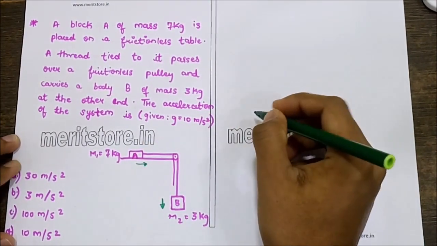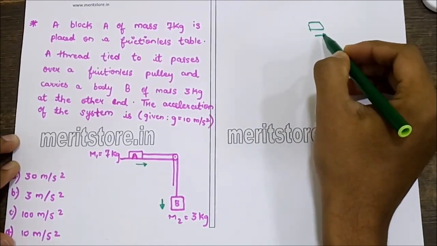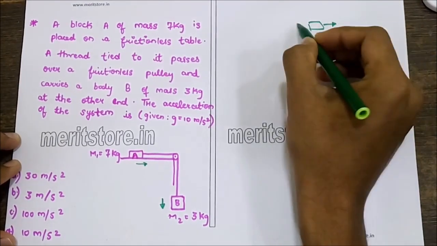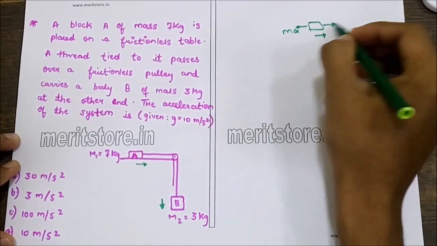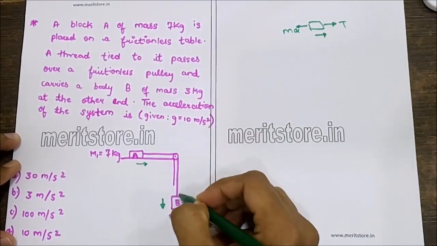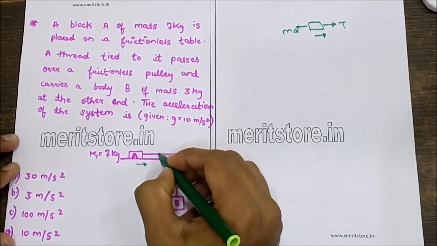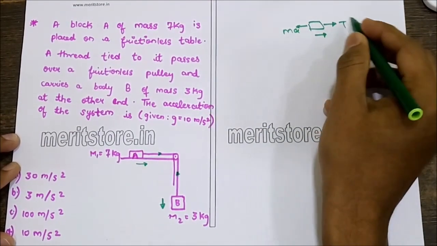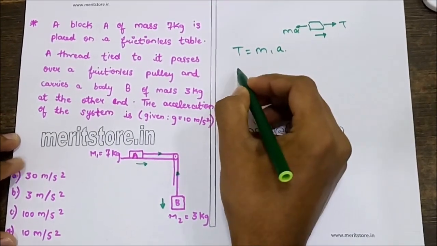For the body A, the forces acting on it are the tension in the string and the inertial force, that is m a. Since the string is the same and the pulley provides no friction, the tension around the entire string would be the same, the value T. Therefore, T is equal to m1 a.